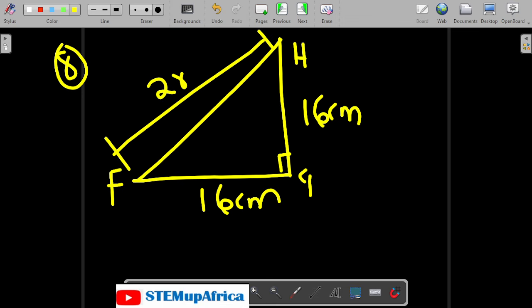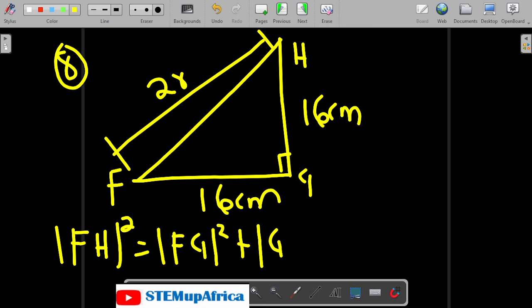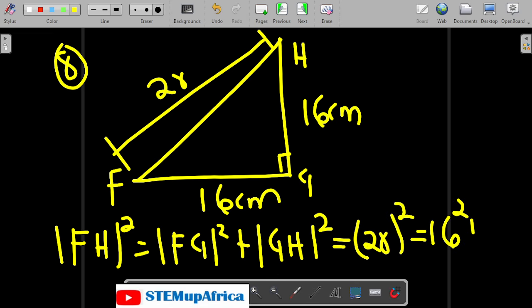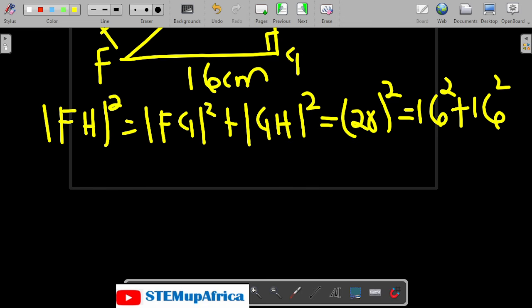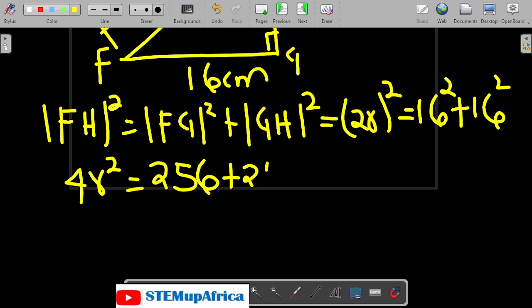So if I apply Pythagoras theorem, FH square will give us FG square plus GH square. So 2R square equals 16 square plus 16 square. If I simplify, what will I have? 4R square equals 256 plus another 256. If I add up, that will give me 512.